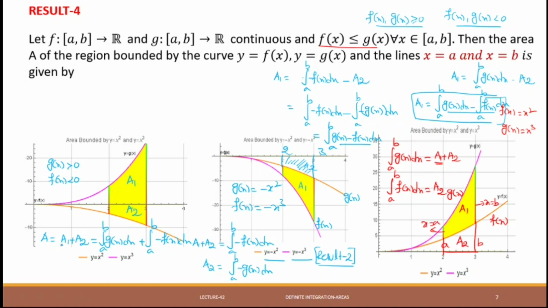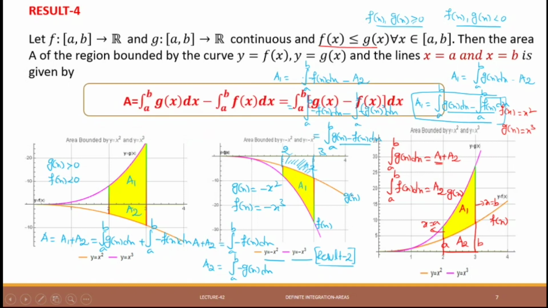Okay, so in whatever case that we take, the formula for finding the required region is integral a to b g of x dx minus integral a to b f of x dx. Both put together we get this result. Combinedly we get integral a to b g of x minus f of x dx.